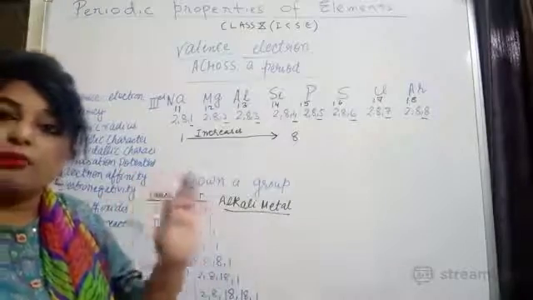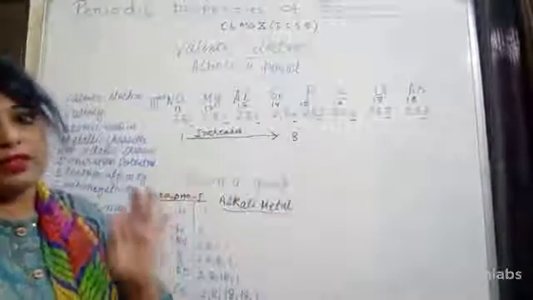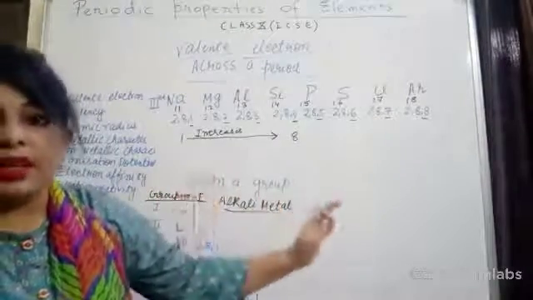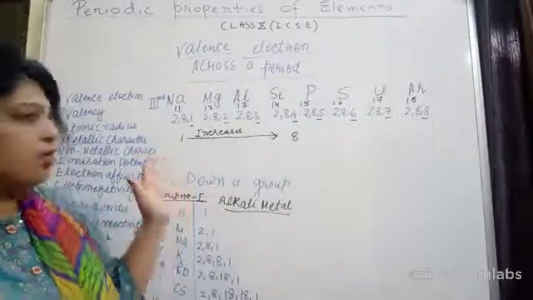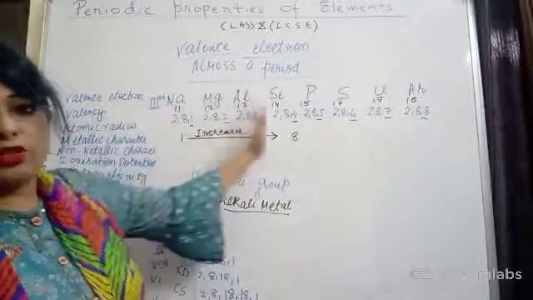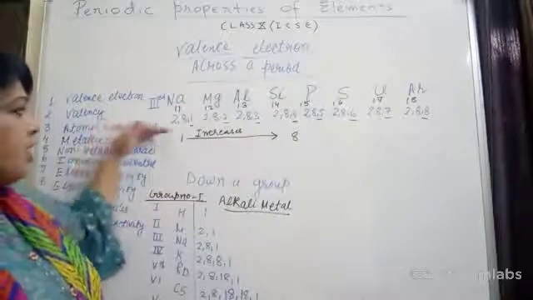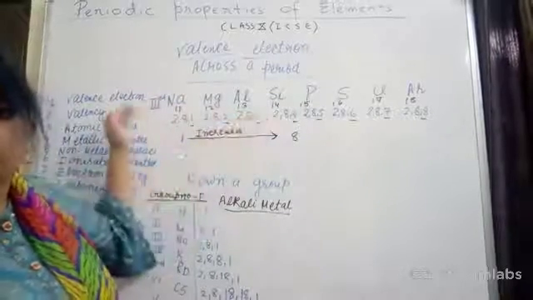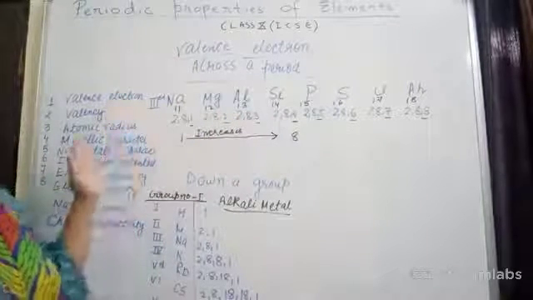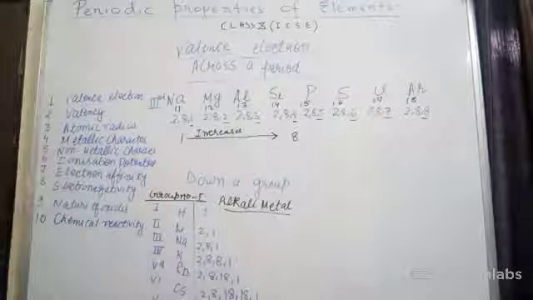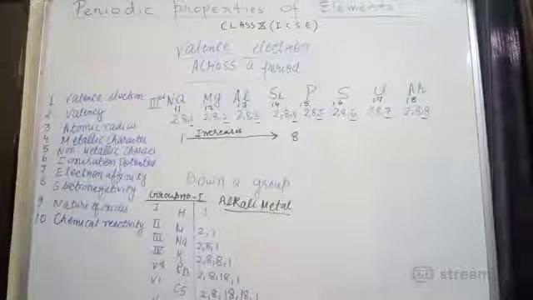Since atomic number is increasing, obviously the valence electron will increase. They are arranged on the basis of the number of shells occupied by each element. Since they have 3 shells, they belong to the third period, with 1 valence electron, 2 valence electrons, 3.